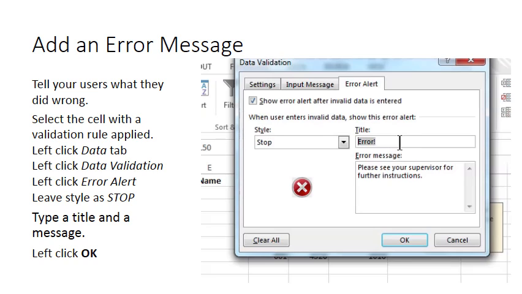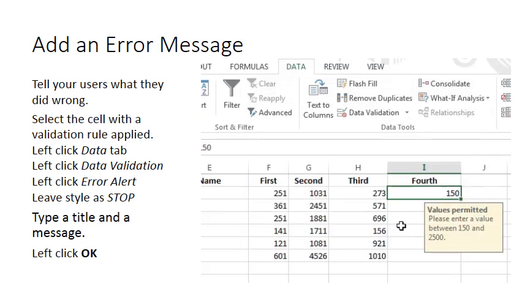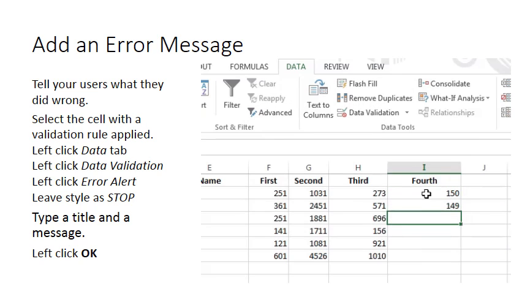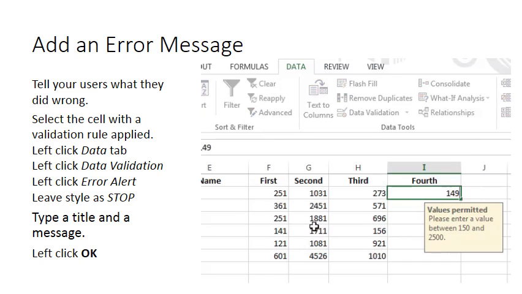So I'm going to replace the title with "Please try again", and I'll write in here, "Please enter values from 150 to 2500 only." Okay, let's correct that. Press OK, and that rule is now edited, so let's try 149.